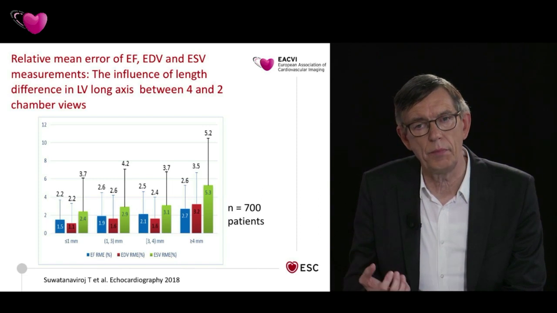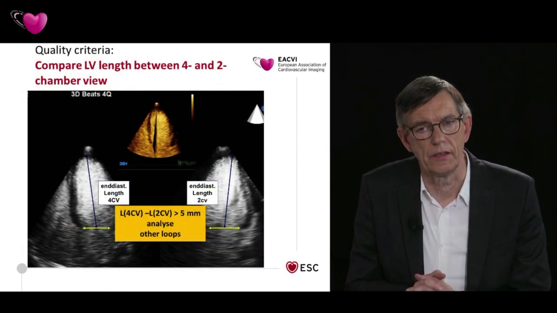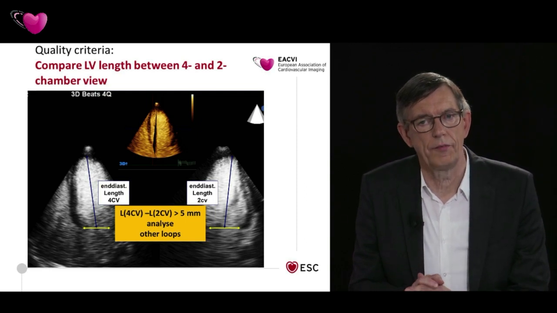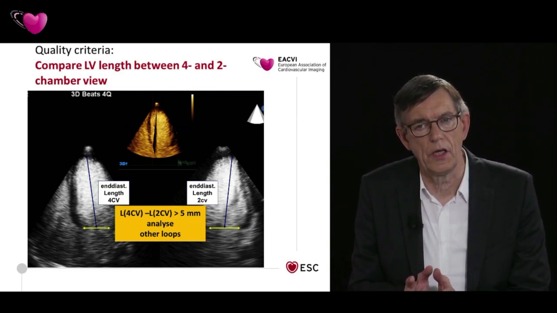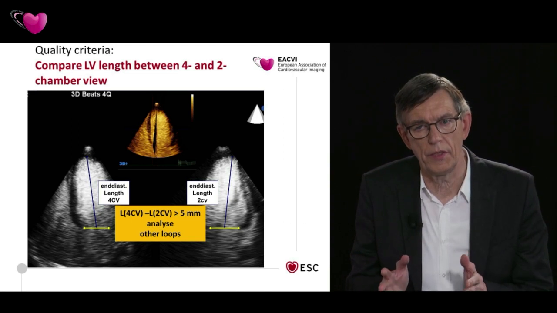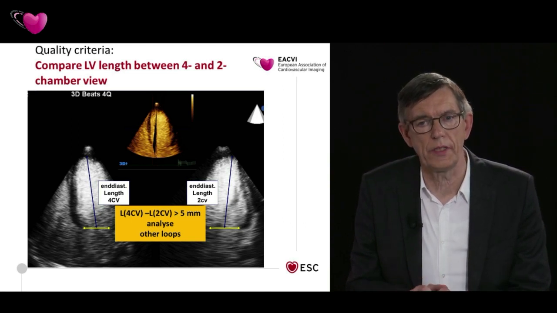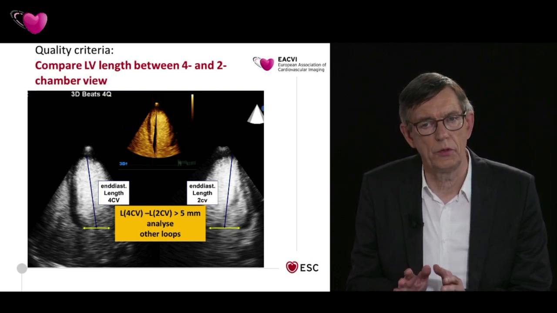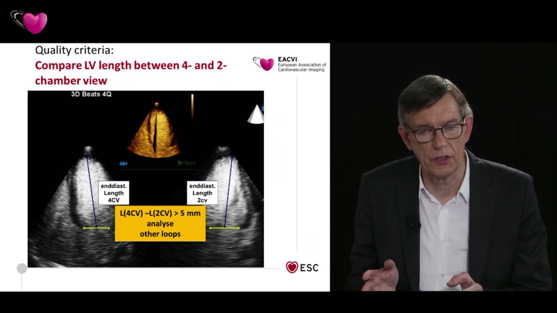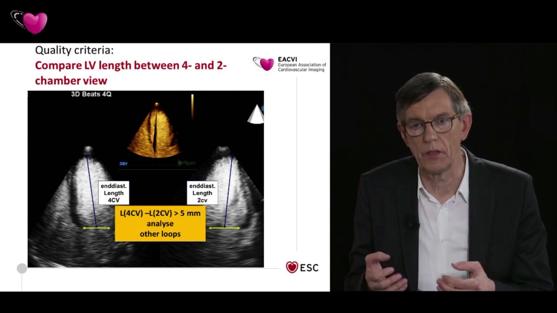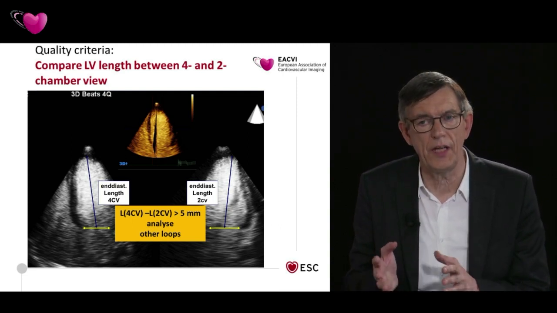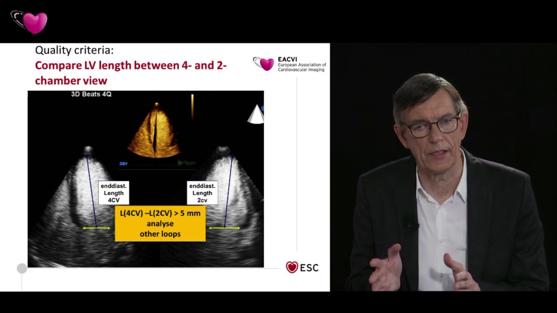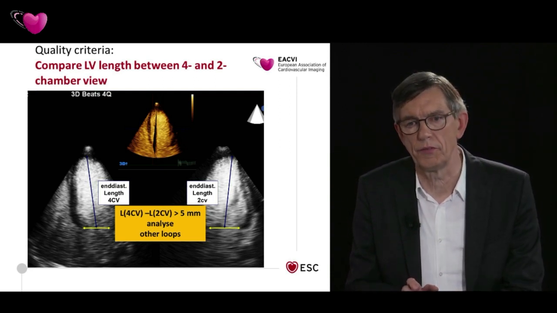So from our experience, we recommend that when there is a difference in the length of the ventricle in diastole between four-chamber and two-chamber view of more than 5 millimeters, to look for other loops to do the measurements. And Dr. Helfen mentioned we should always acquire several loops, so we have enough data to select loops which match in length and then give reproducible results.